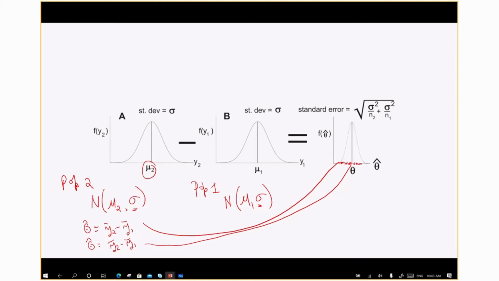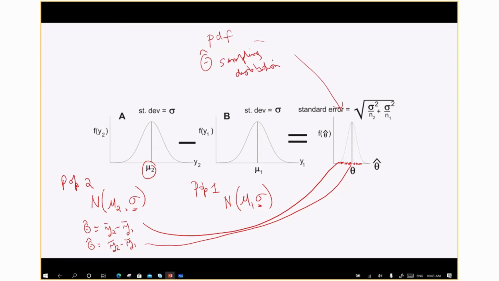So if we would repeat this an infinite number of times, what would we get? Well, we would get a probability density function, and there it is. Because it's the probability density function of a sample statistic, and remember our sample statistic here is theta hat, our estimator of theta, we can think of this as being a sampling distribution.